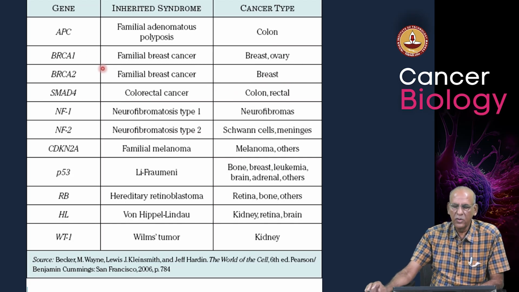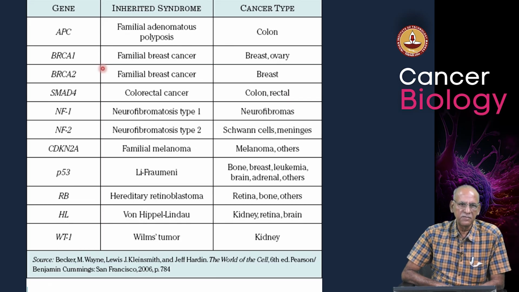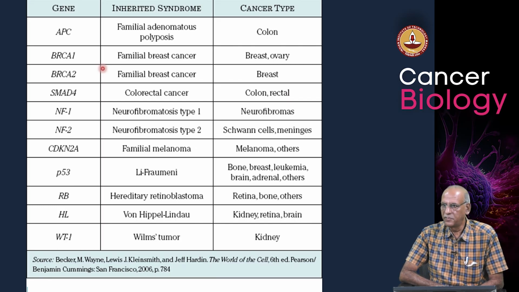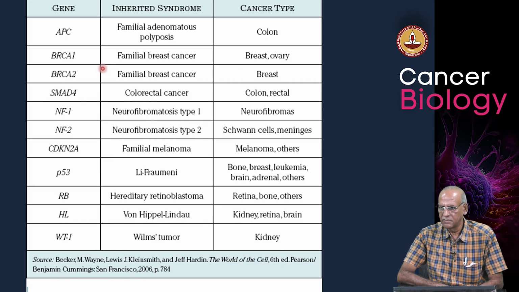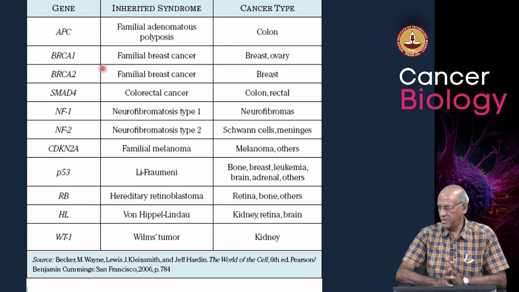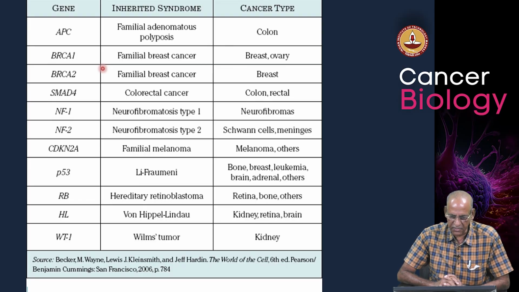Although I told you only 5% of breast cancers are hereditary, if you happen to have defects in these genes, then it is good to have some checkups and do whatever is possible, because you are predisposed to getting that cancer. But that happens only in 5% of the cases, not in all. 95% is not, that is not happening. So, that has to be kept in mind.